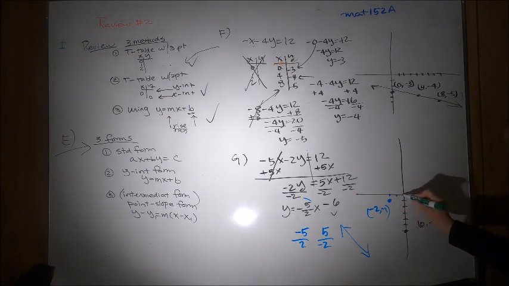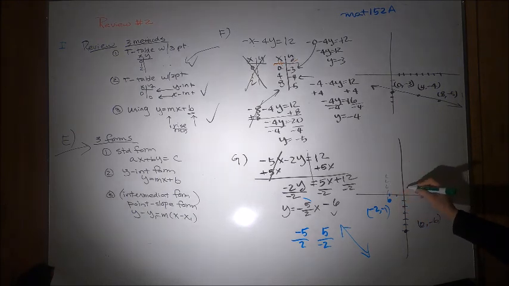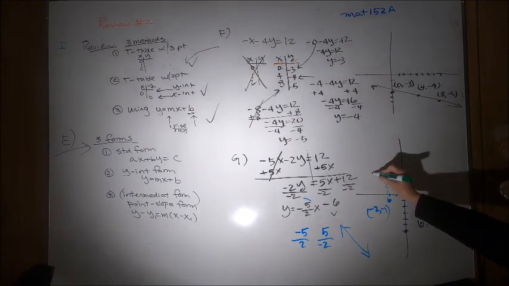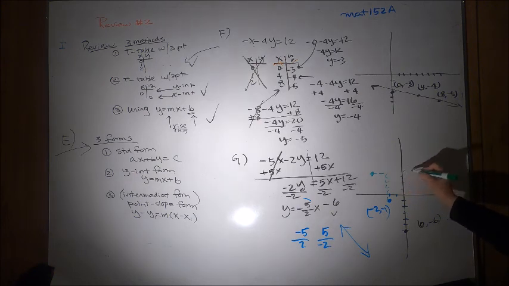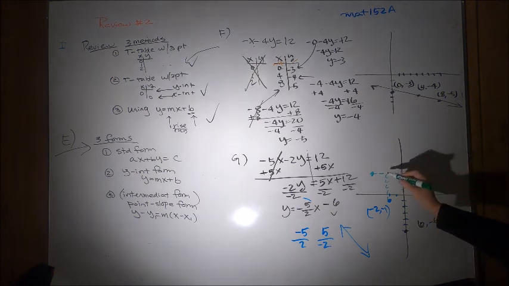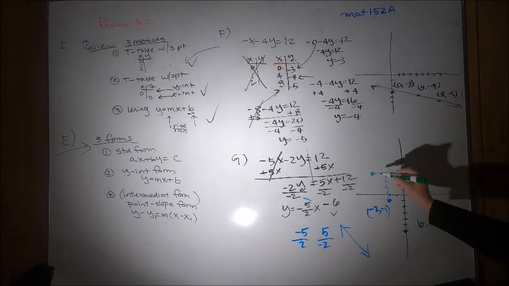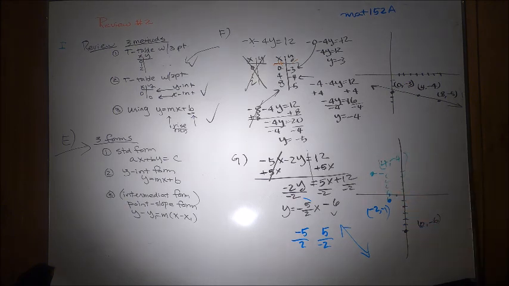We are here. 1, 2, 3, 4, 5. Go up 5, right? Go left 2. 1, 2. So it's here. So go left 2. So what do you think the position would be? So that would be 4 and -4. Is that right?